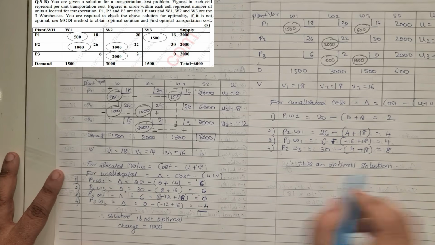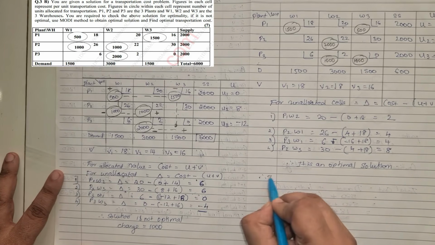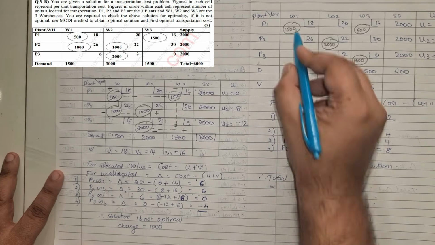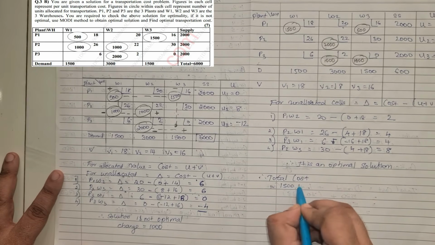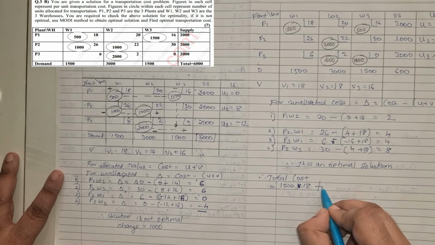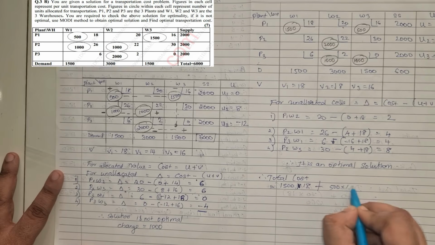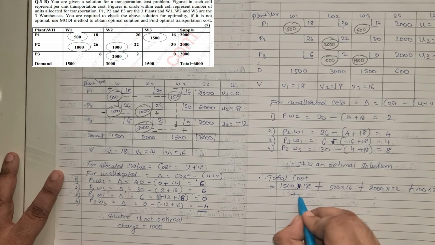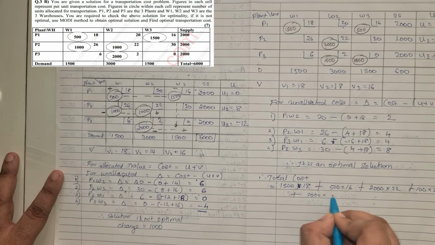And if it is an optimal solution, therefore total cost, final answer, total cost is equal to 1500 into 18 plus 500 into 16 plus 2000 into 22 plus 1000 into 2 plus 1000 into 0.